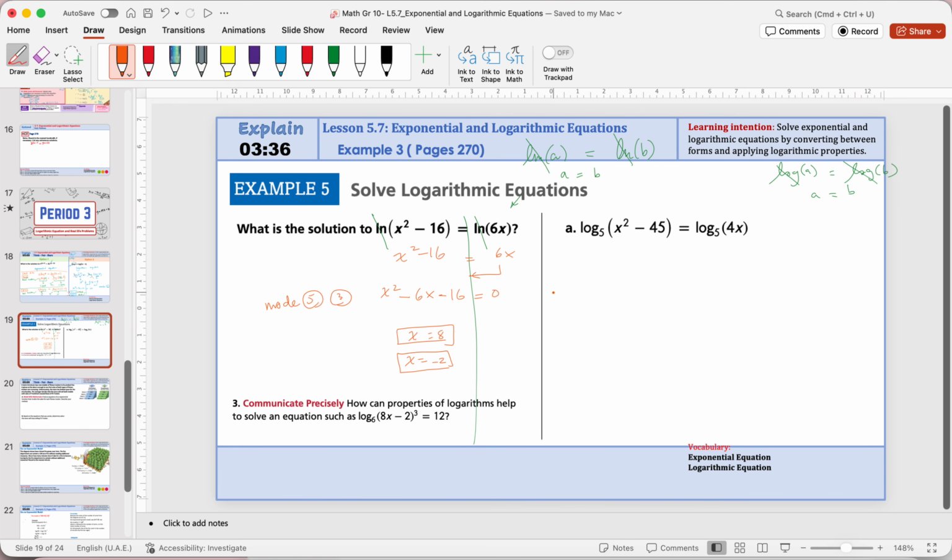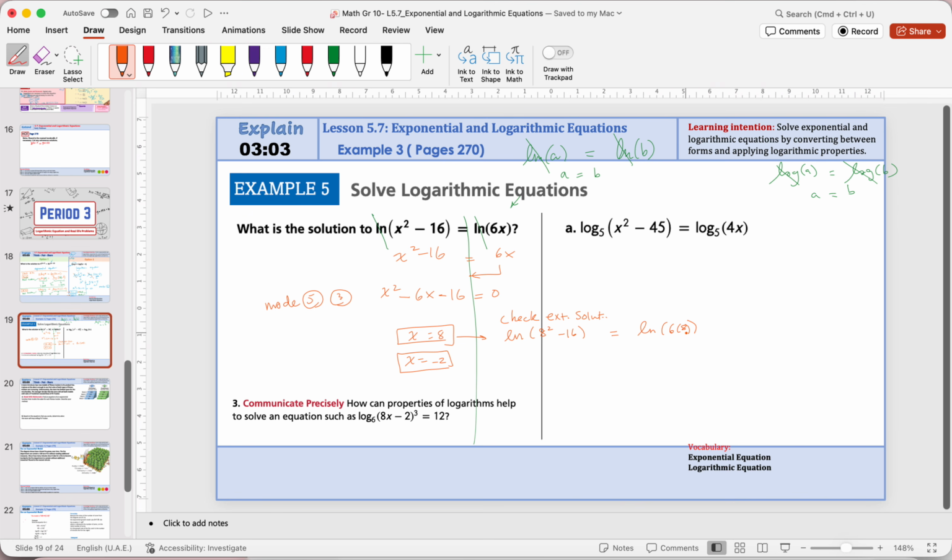Now if you check extraneous solutions, again, how do we do that? Just substitute the 8 back in the equation. So you're going to say ln of 8 squared minus 16. Is it the same as ln of 6 times 8? So this is how you check. By the way, I put double brackets because there's a bracket for the 8 and there's another bracket for the whole term.